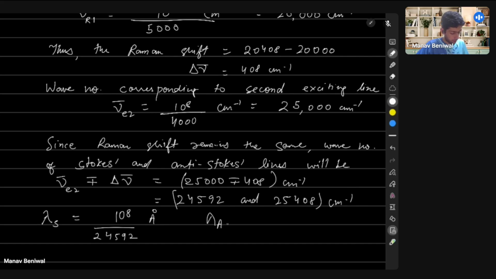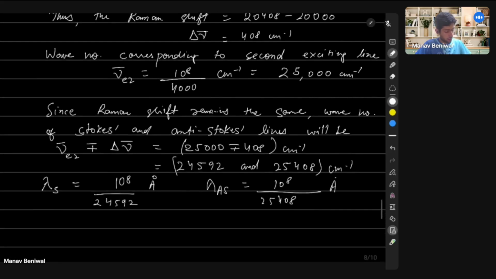Similarly, that of anti-Stokes will be 10 to the power 8 divided by 25408, and again this will be in angstroms.